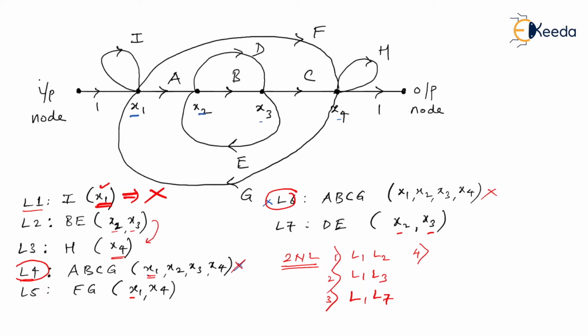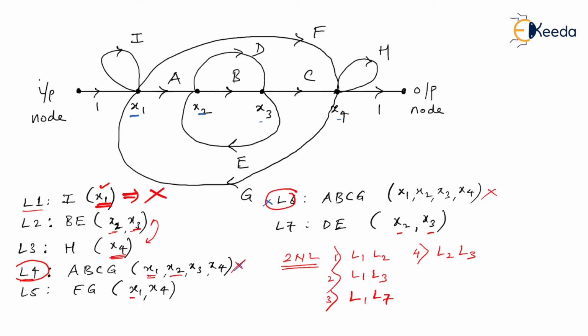So after comparison of L2 and L3, L2 involves x2, x3, L3 involves only x4. It means there is no common node. I can say, in fact, L2, L3 is part of two non-touching loops. Compare L2 with L4. As you can see, x2 is a common node. I cannot have L2, L4 as two non-touching loops.